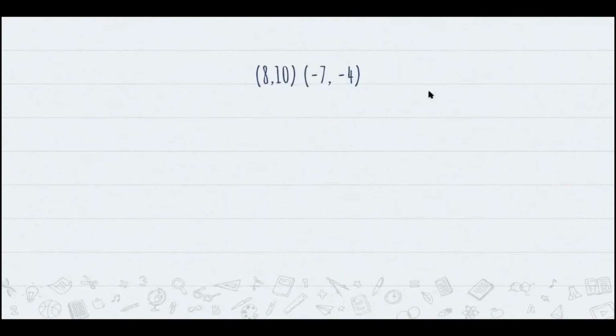Okay, we're gonna do another example. So we're gonna find the slope. So this would be x1, y1, x2, y2. m equals rise over run.